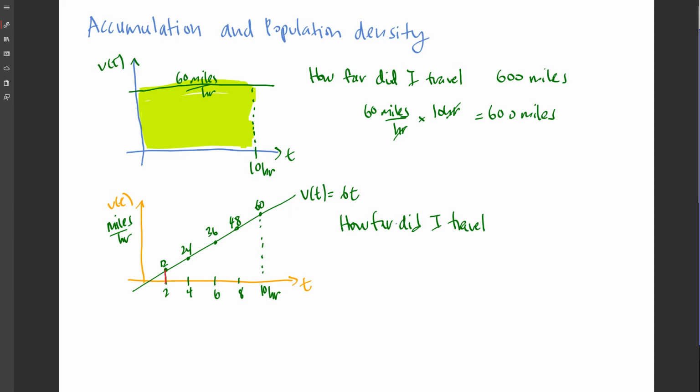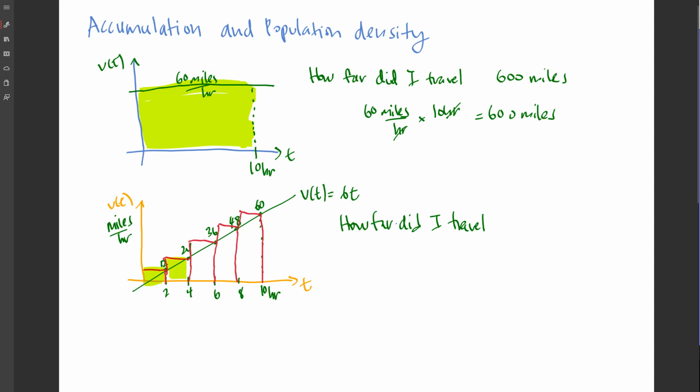What I would say is, okay, let me do a right-hand Riemann sum. So I come up on the right number and go over, come up on the right number and go over, and come up on the right number and go over. And I get the area of each of these rectangles. This area right here would be my approximate distance after 2 seconds.